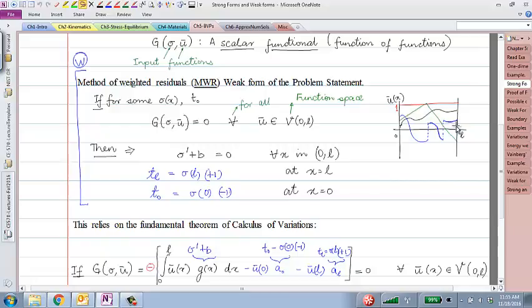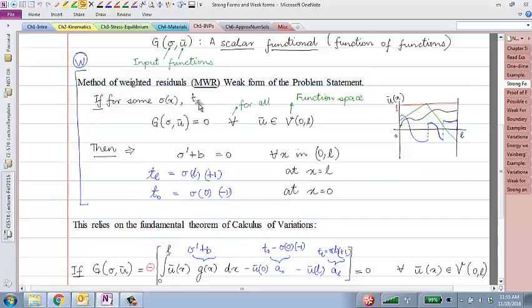Now we are saying that we will pick only those functions that actually start at 0, because u bar at 0 has to be 0. We are not going to pick any of the other functions. And we did that only so that we could eliminate t0 as an unknown, because t0 is something that we can calculate after we know the solution for u and the solution for sigma.